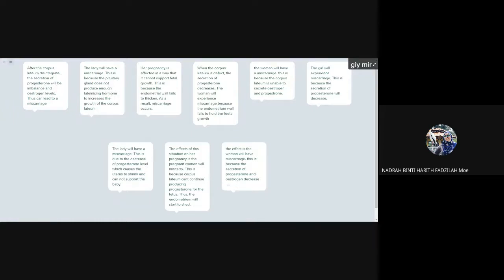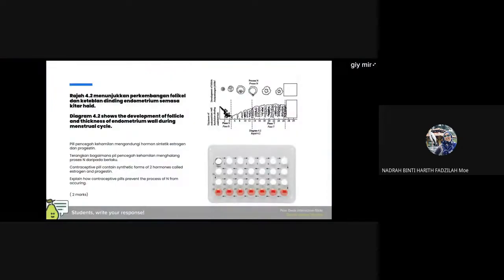So for the next part, ini adalah kebat question, sebab regarding the use of family planning. So dia bagi statement dekat sini, contraceptive pill contains synthetic form of estrogen and progestin. So can you explain how contraceptive pill prevent the process N from occurring?